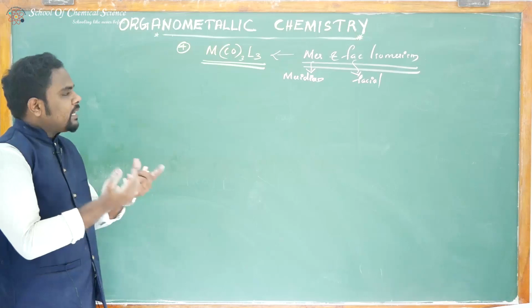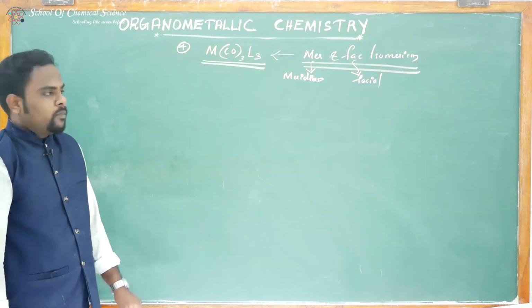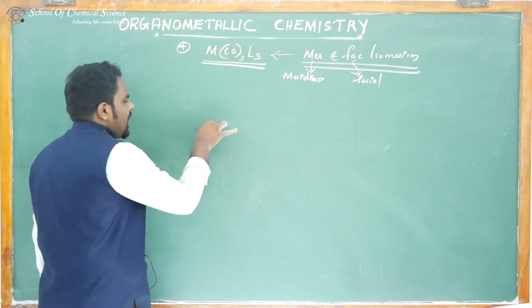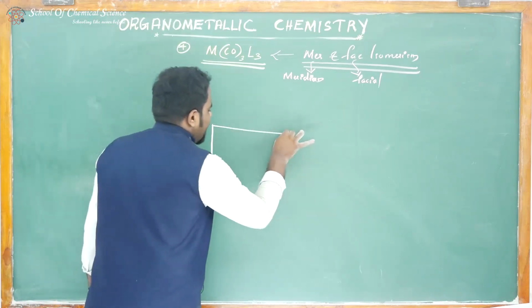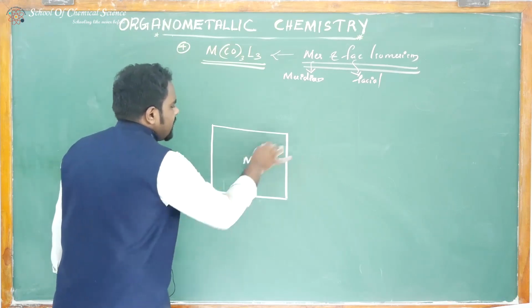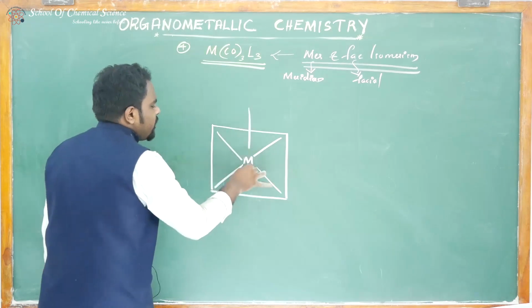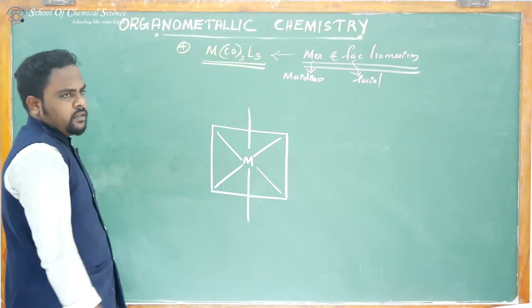So what is the mer isomer? Then what is the arrangement in the fac isomer? Please listen. This is an octahedral. A square plane is there, this is the square plane. A metal will be at the center. The 4 corners of the square and 2 axial positions, all are equivalent positions.